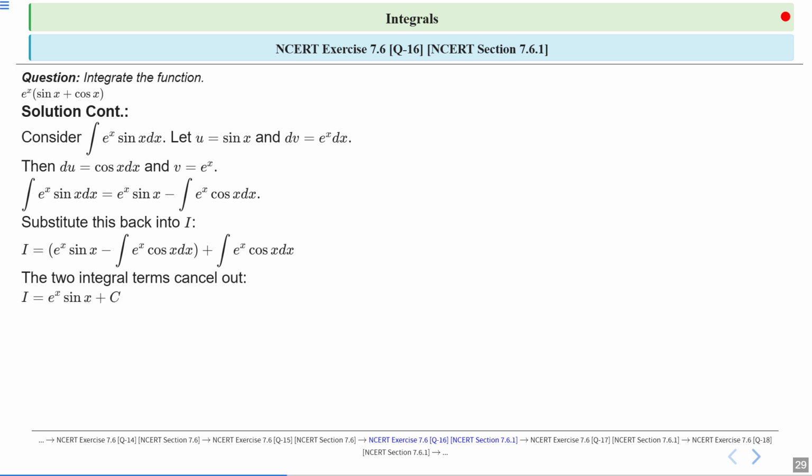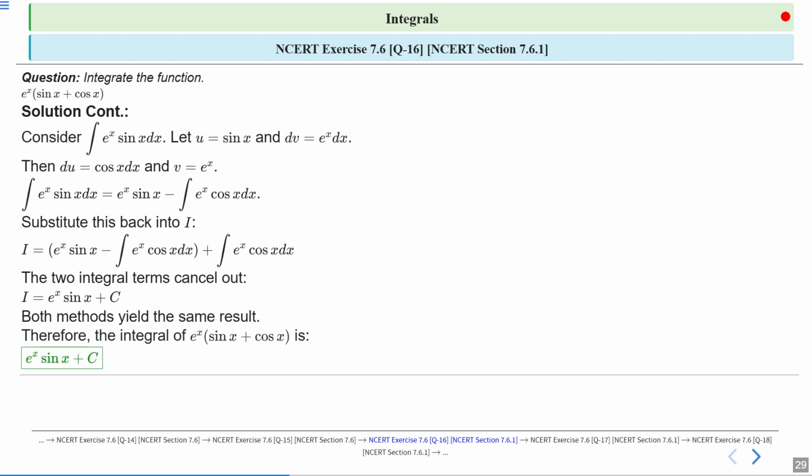So the value of the integral is e^x sin x plus c. So we can solve this by both methods. First, directly apply the special case and then use the by parts formula. Therefore, the final value of the integral is e^x sin x plus c.